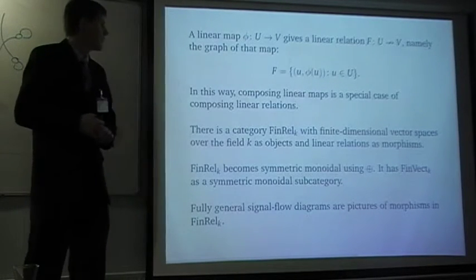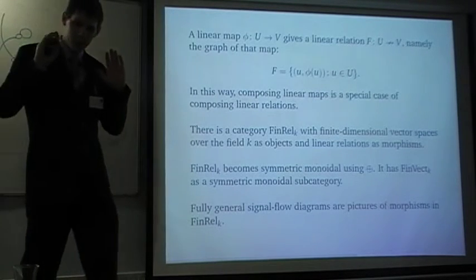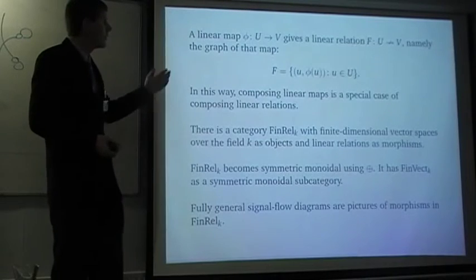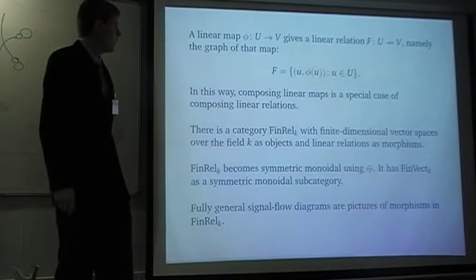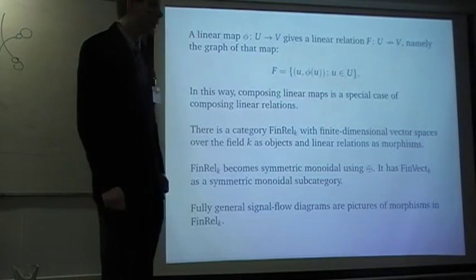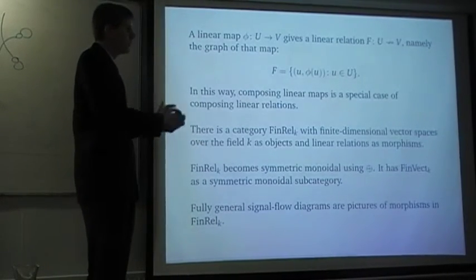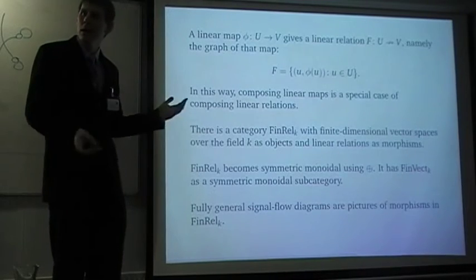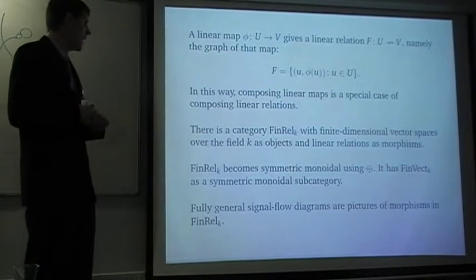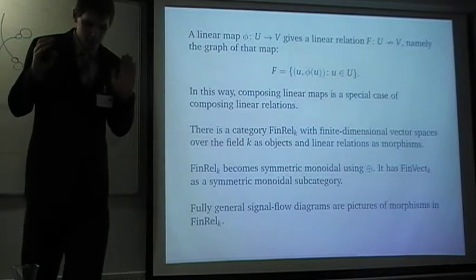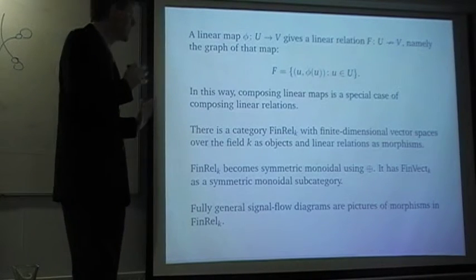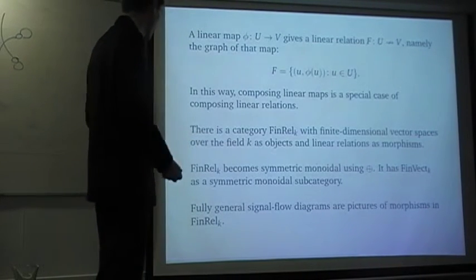We also can look at our linear maps and turn them into linear relations by just taking the graph of our linear map. So if we have a map from U to phi of U, then we can just take the graph of phi as our subspace of the direct sum of these two vector spaces. So we can see the composition of linear maps is just a composition of linear relations in a special way.